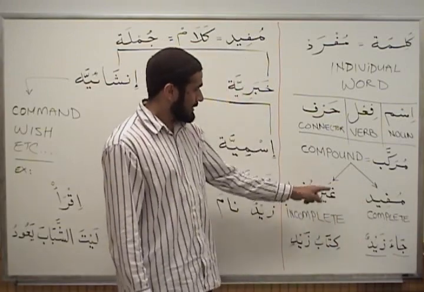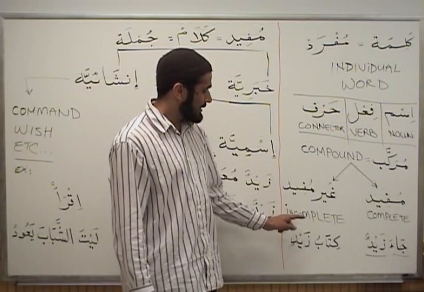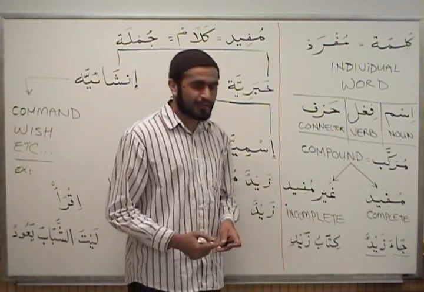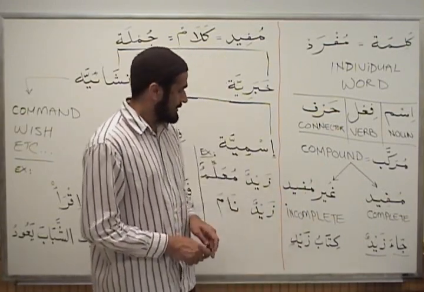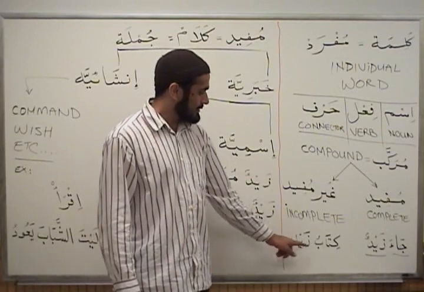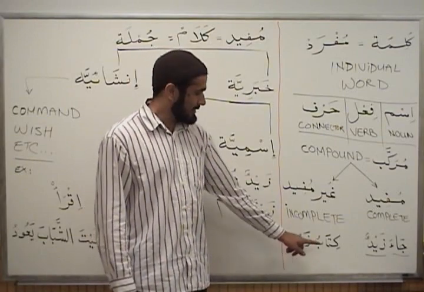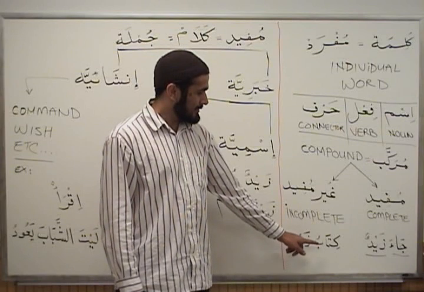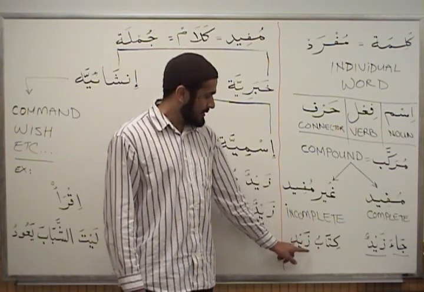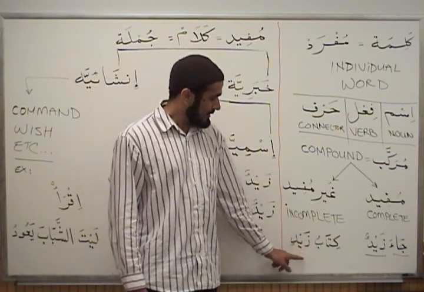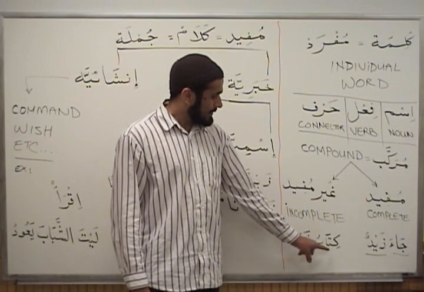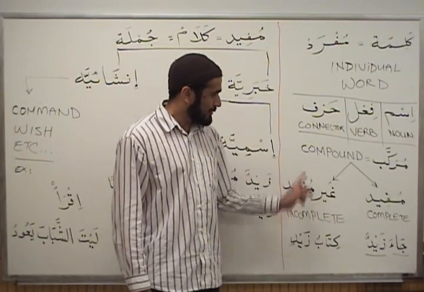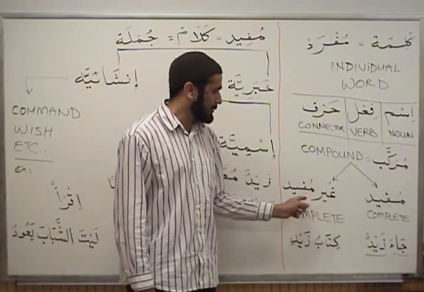The other type of murakkab is ghayr mufid, which is incomplete, which does not convey a complete meaning, such as Kitabu Zaydin, the book of Zayd. Now in terms of English, it's a phrase, but it's not a complete sentence. And so this is an incomplete compound, or murakkab ghayr mufid.